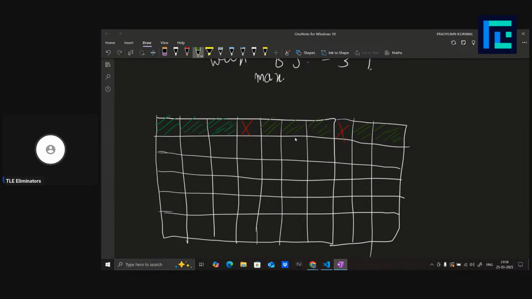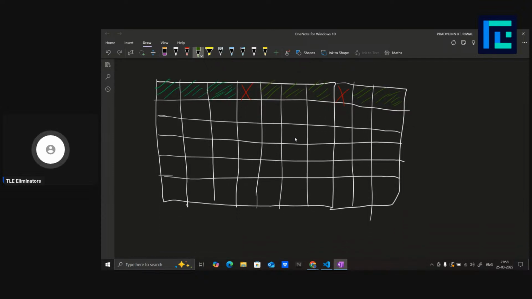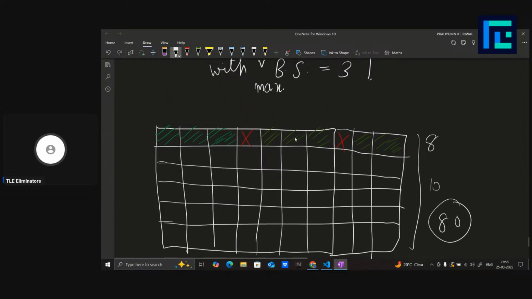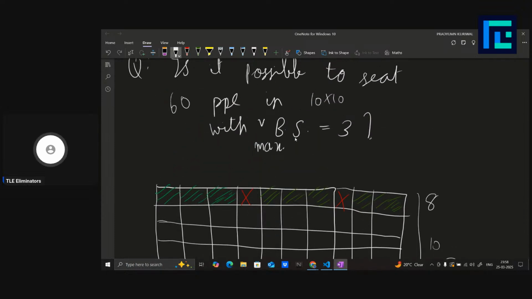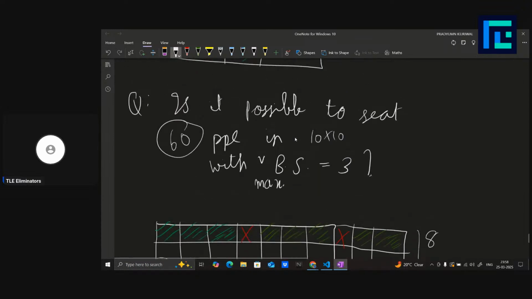So basically, out of 10, you are able to fit 8 people in one row. And in total you have 10 rows, so total 80 people you will be able to fit. And you only want to fit 60 people. So the answer to this would be yes.